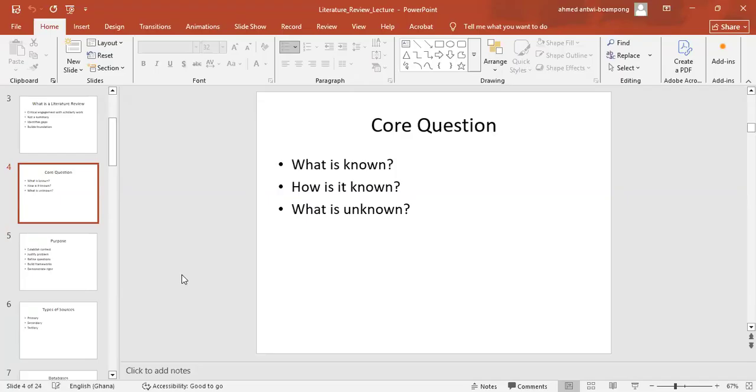So Boampong, which is more recent in 2023, said that one of the core components of faculty blended learning adoption is motivation. And so he used motivation hygiene theories.